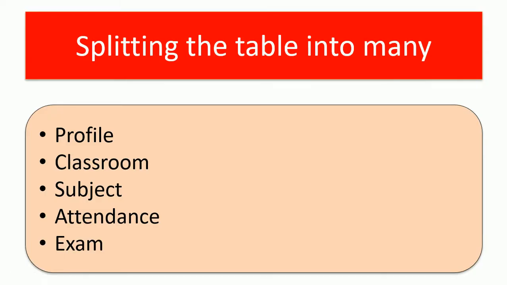But when it comes to this kind of split or separate tables, we cannot assure that we can get the data from a single table all the time. We cannot assure that we will be in need of data from a single table alone all the times.